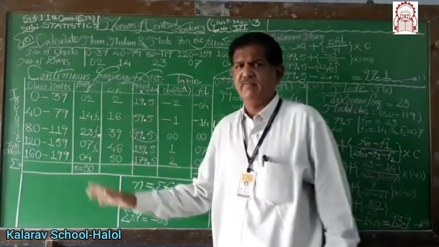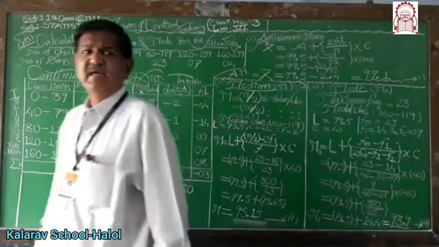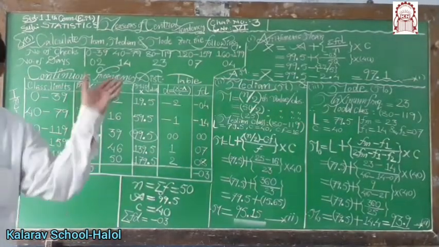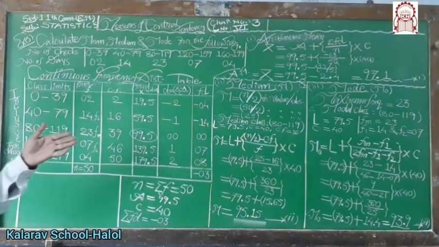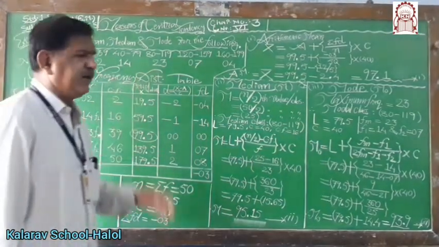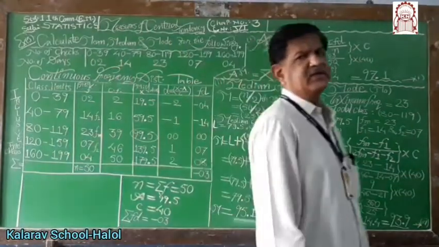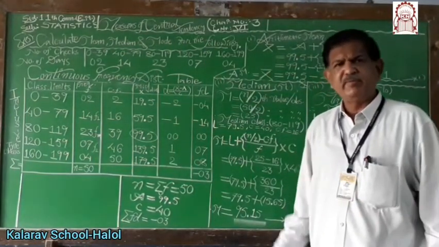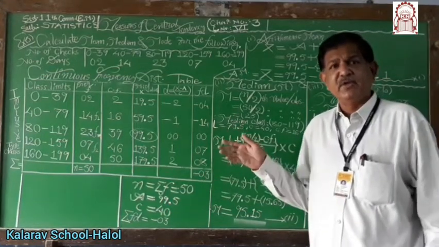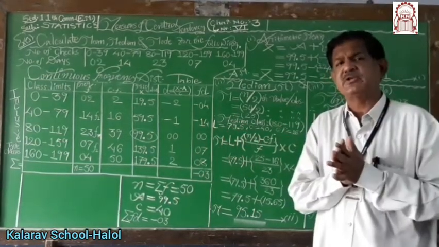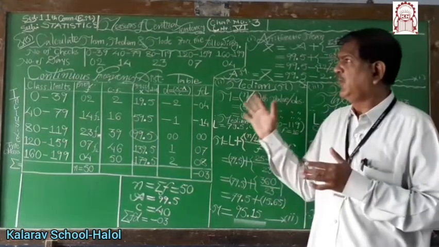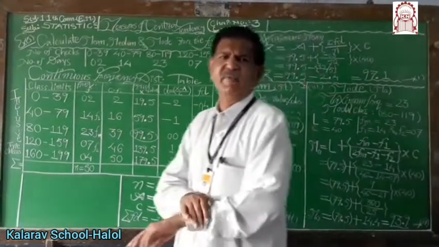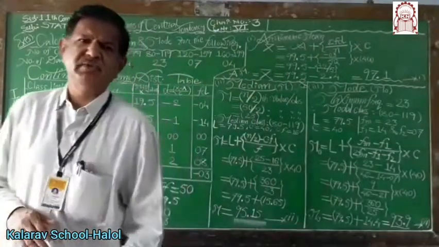Practice a minimum of 10 examples of exclusive type classes and 10 examples of inclusive type classes from any book chapter, calculate mean, median and mode, then satisfactory practice will be there. This is the most important chapter in your study, because if you practice and study well, then the next two chapters, chapter number 4 and 5, will be easy and simple for you.